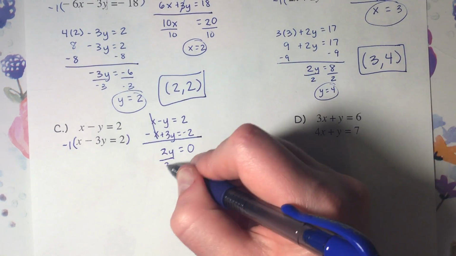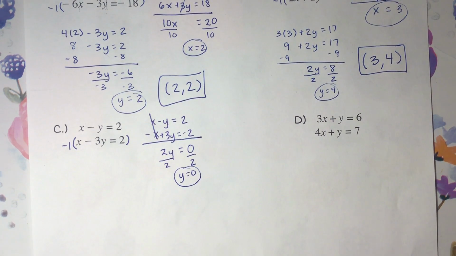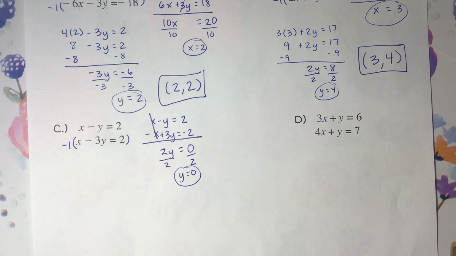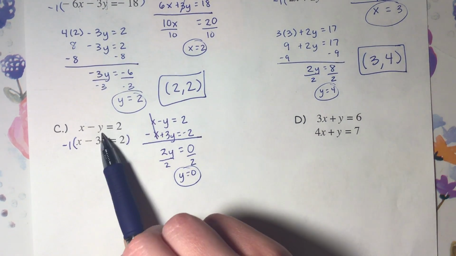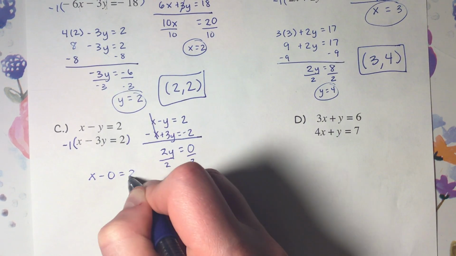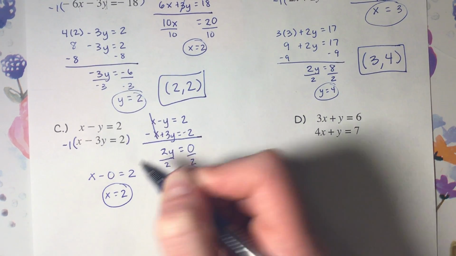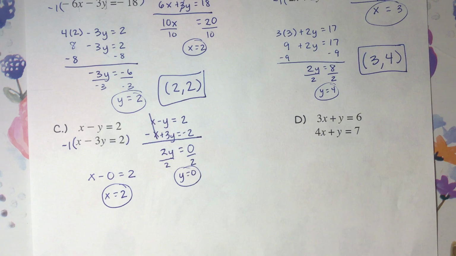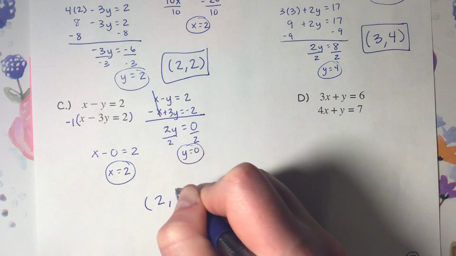I'm going to divide by 2 on both sides, and that gets me y is equal to 0. Now I'm going to take this y equals 0, stick it back up here for y. So this is x minus 0 equals 2. Well, that must mean that x equals 2. So my final solution is going to be written as an ordered pair, or 2, 0.